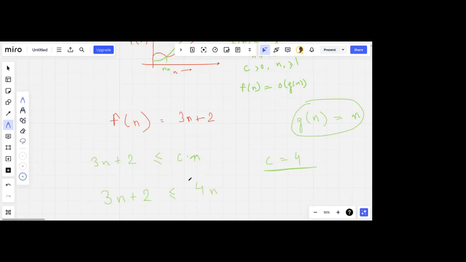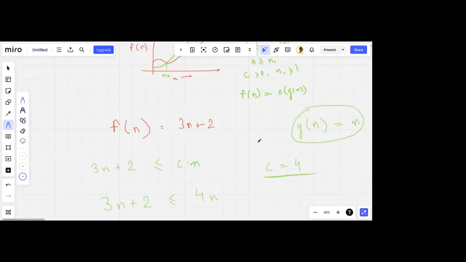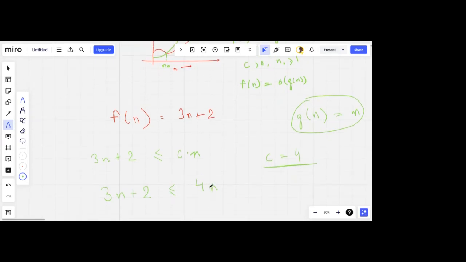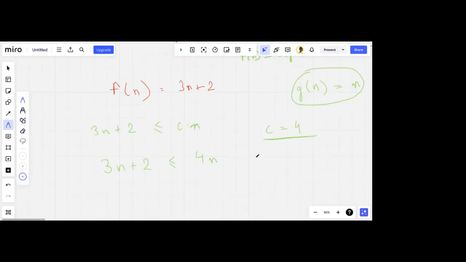Is this statement valid for any n greater than n naught? Just see this, guys. When you have n equal to 0, is this statement true or false? Quickly, guys, in the chat. It is false, right?